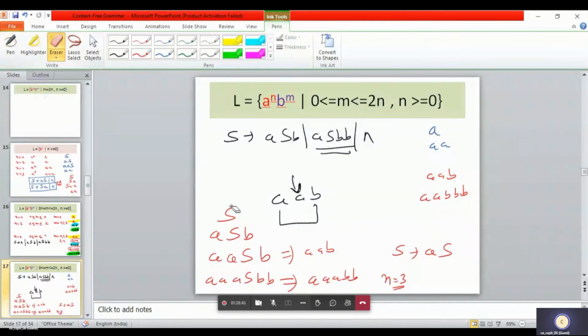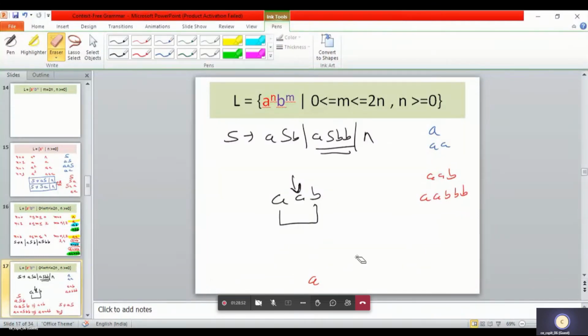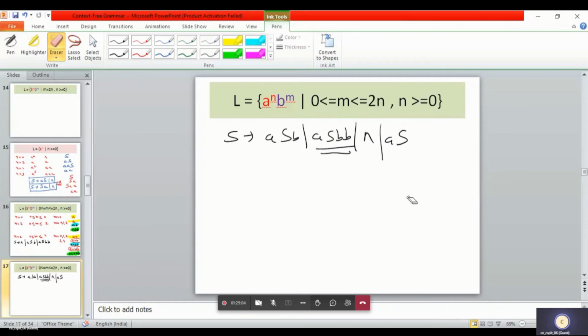By doing that analysis, you have to select the correct rule, whether it is SA or AS. So here we have to add one more rule to complete the grammar, and that is S gives AS. So now our final grammar is this, which will serve the purpose. We can generate any string as per our requirement.